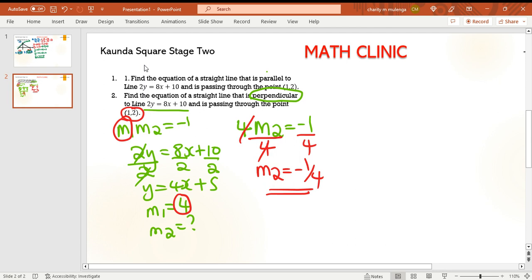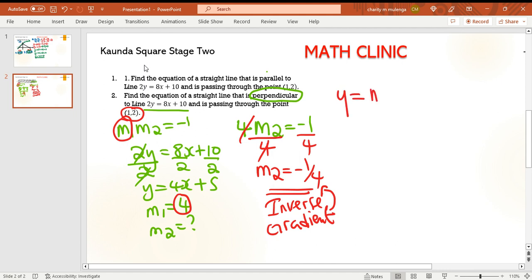So this is the gradient that we have to use now to find our perpendicular line. So you use the inverse gradient, that is called the inverse gradient, to find the equation that is perpendicular.